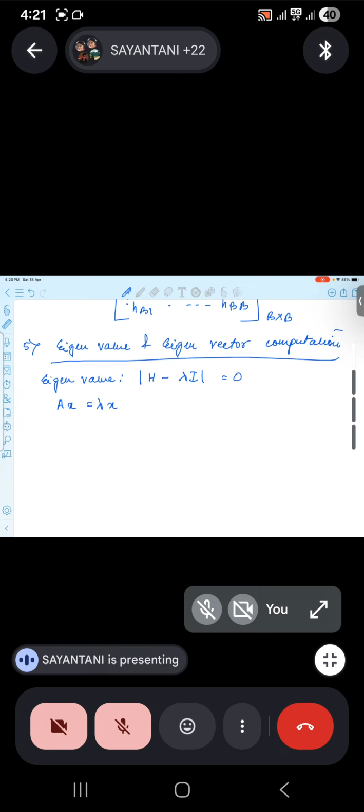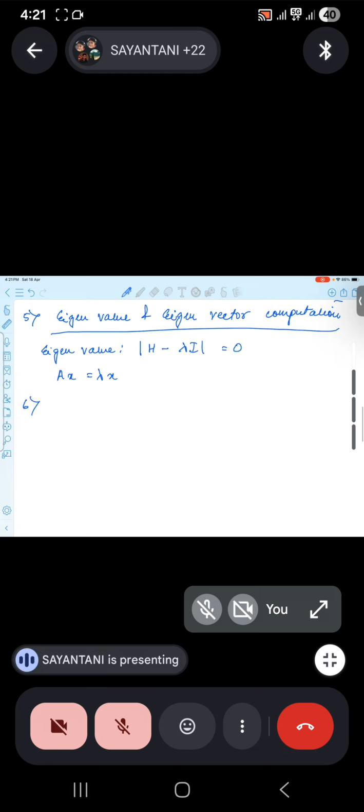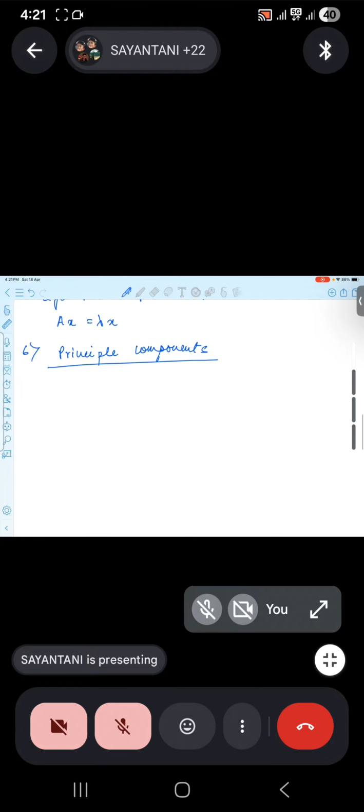Okay. Now what we have to estimate is the principal components. So the principal component is nothing but the eigenvector corresponding to the highest eigenvalue.